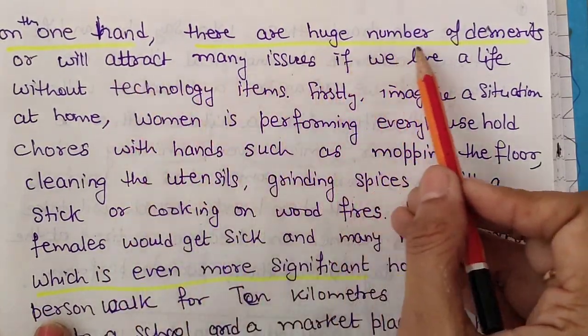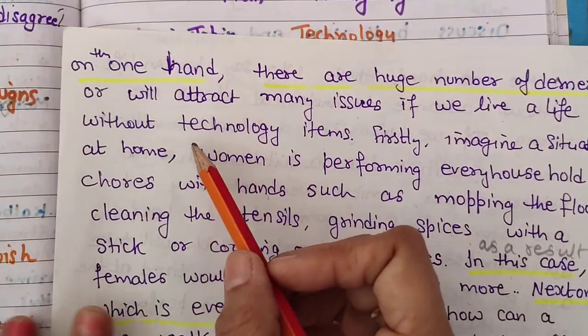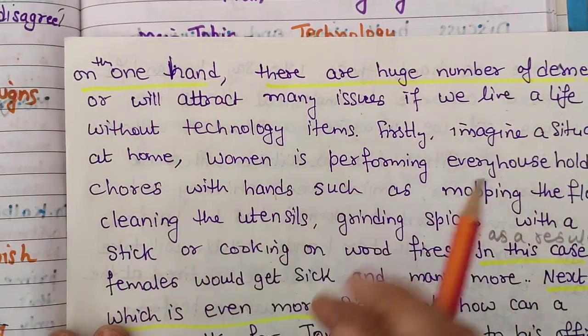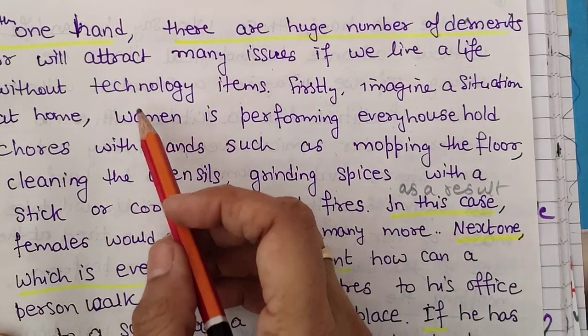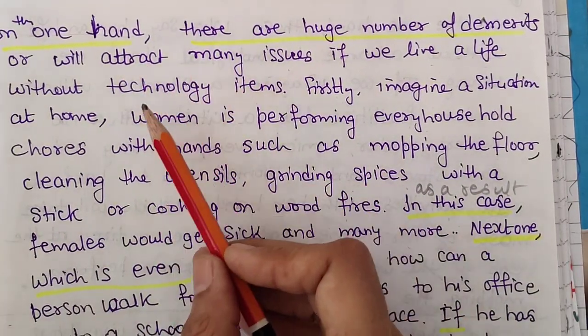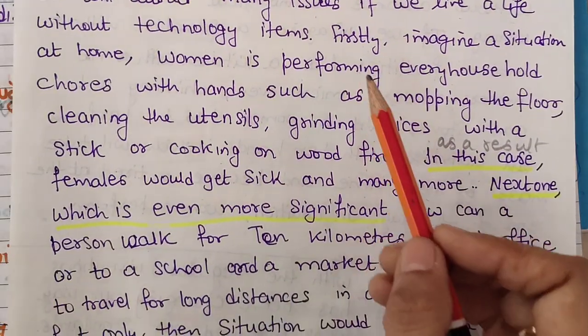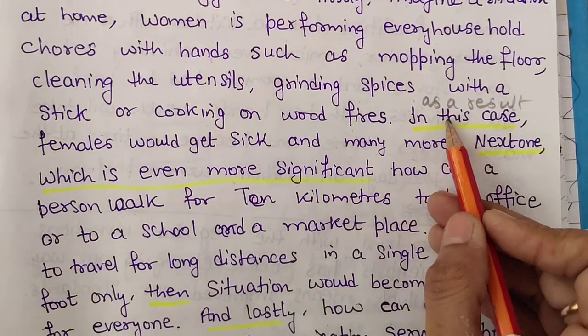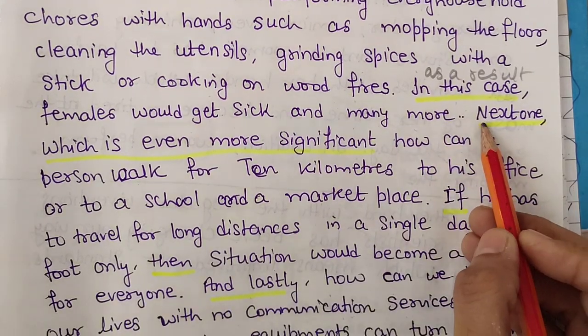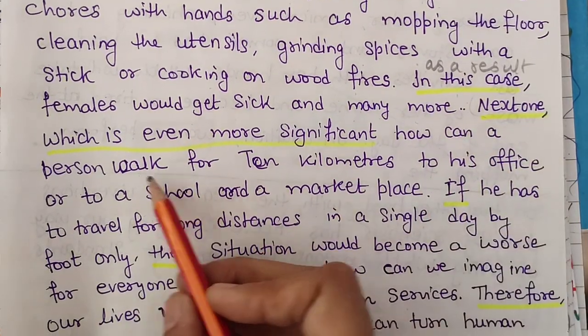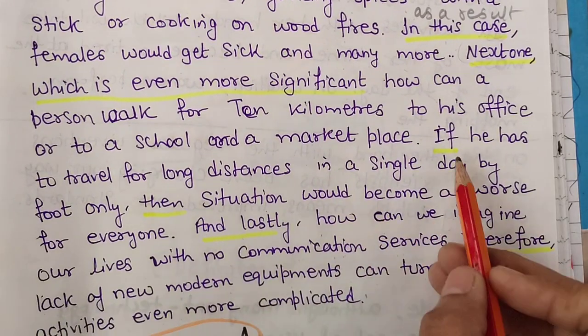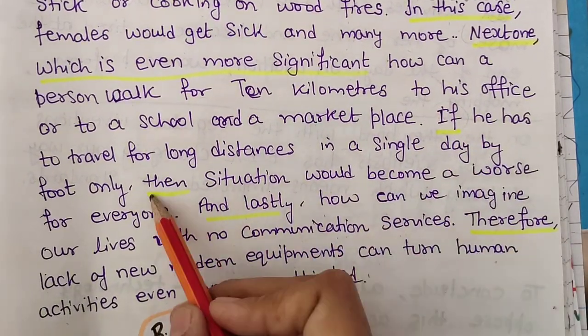On the one hand, there are a huge number of demerits, or you can avoid this also, or you can say to initiate with. So I have just given the condition statement, everything. As a result also I have given, and next how I have started my point. Next one, which is even more significant, and if sentence structure is also there, then is also there.